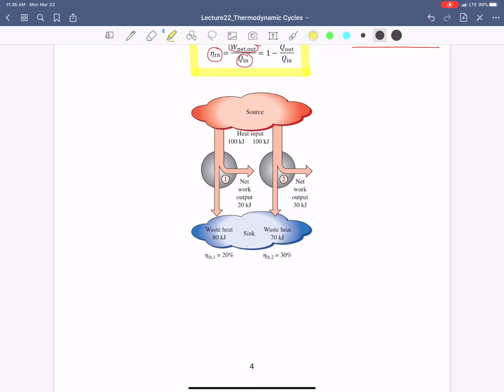Okay? And here's a very simple example. Let's say that we have a heat source and we have a heat sink. Now we have two heat engines. One engine is here, let's say engine 1, and there's another, engine 2. And now we have the same amount of heat input to these engines. But engine 1 produces only 20 kilojoules as a work output, while the other, engine 2, produces 30 kilojoules as a net work output. So which one is better?